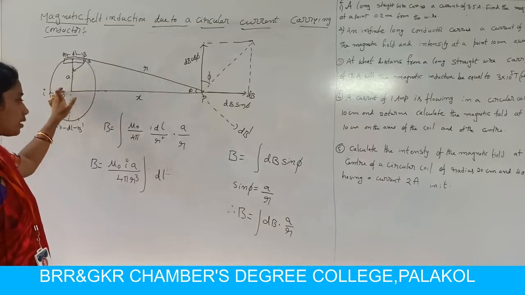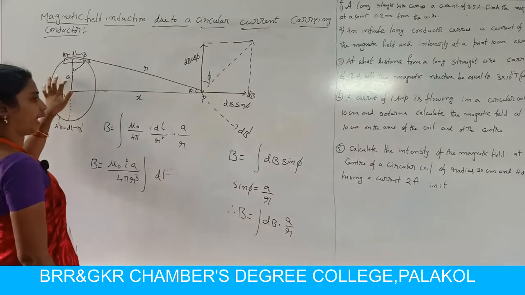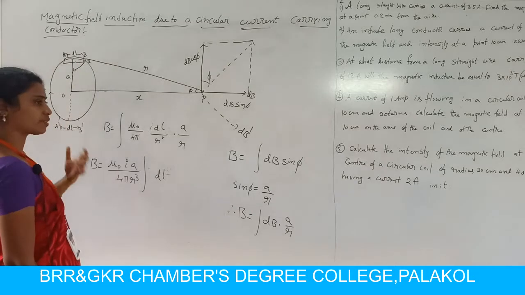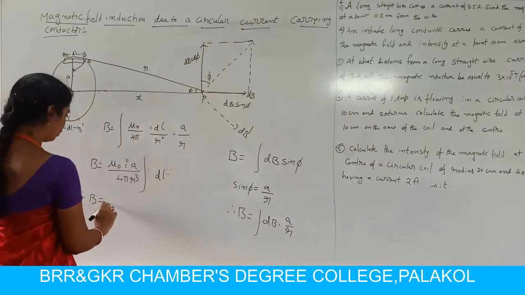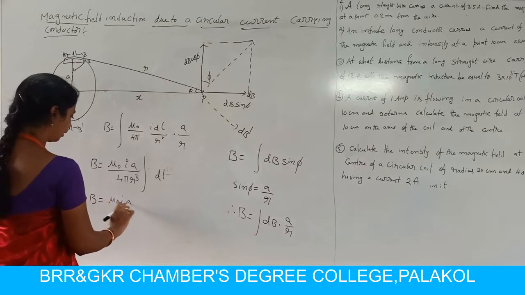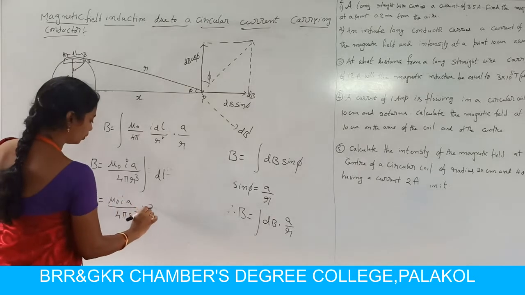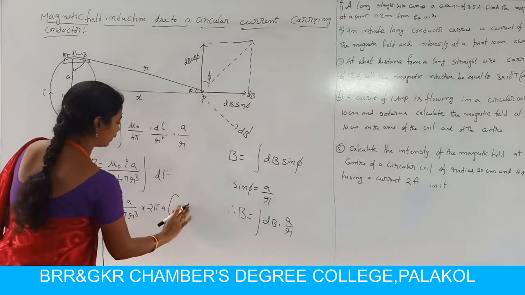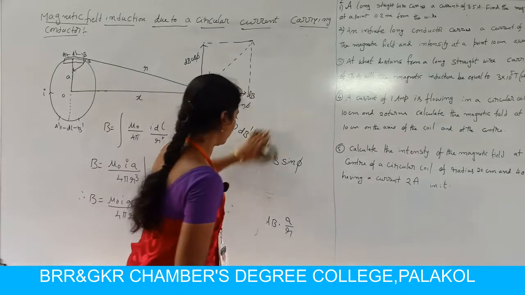Hence the circumference is 2 pi R. Actually, here we consider the radius as A, hence the circumference becomes 2 pi A. Then B equal to mu naught I A by 4 pi R cube into 2 pi A, because integral dl is nothing but the circumference of this coil.